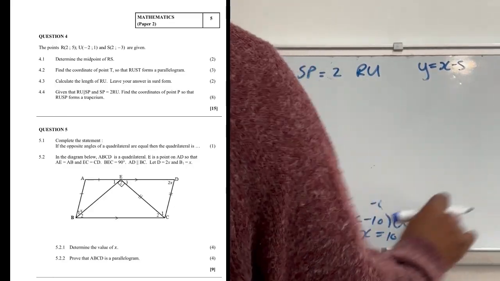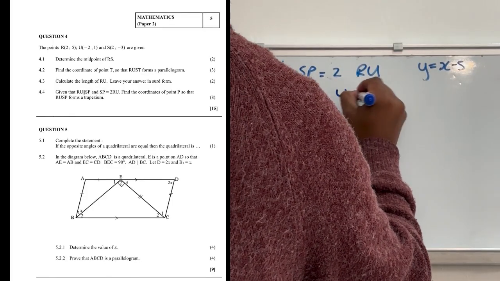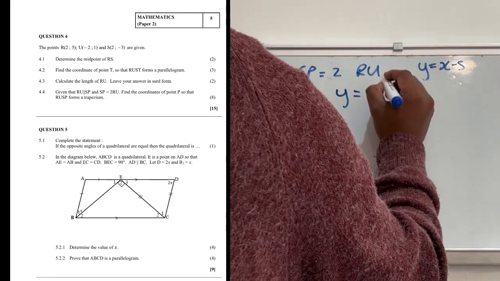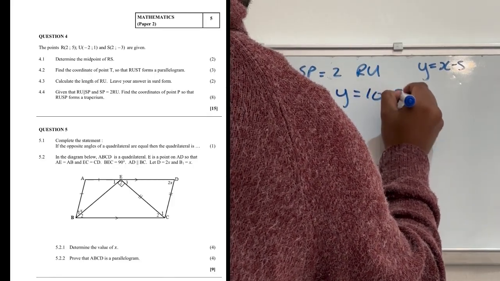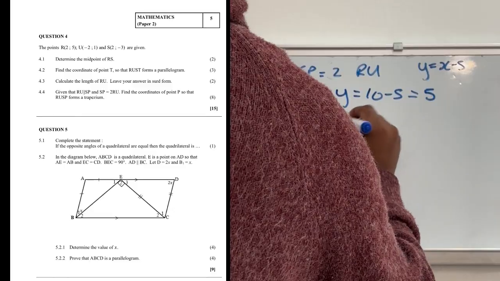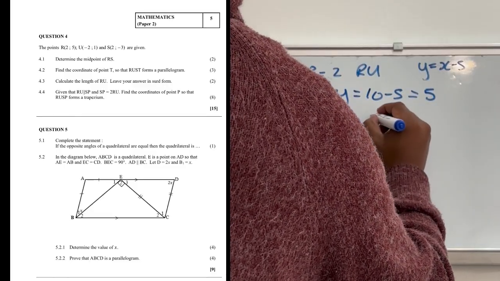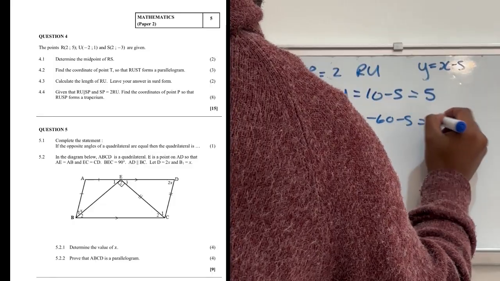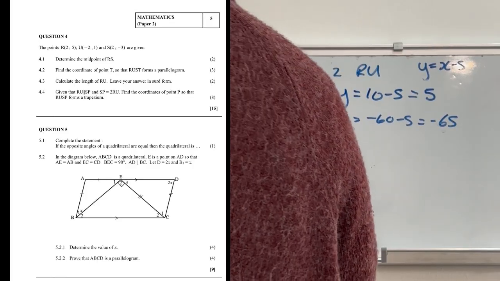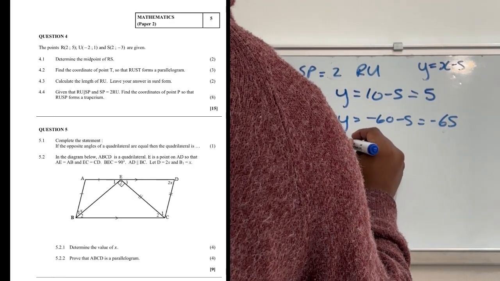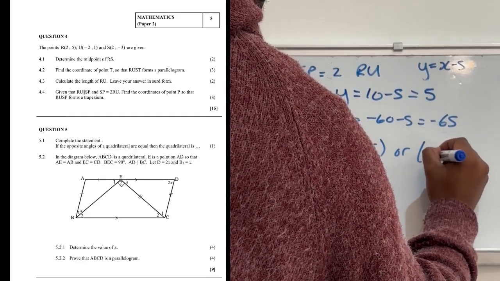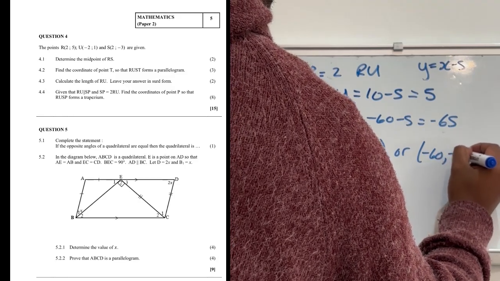To work out y, y is equal to x minus 5: the first one is 10 minus 5, which is 5, and the other one is minus 6 minus 5, which is minus 11. And those are the 2 points you can get: 10 and 5, or minus 6 and minus 11.